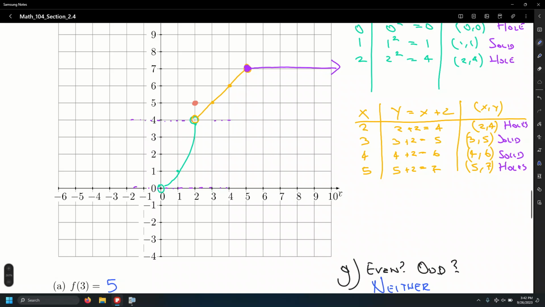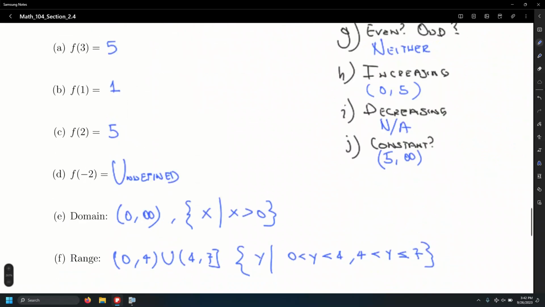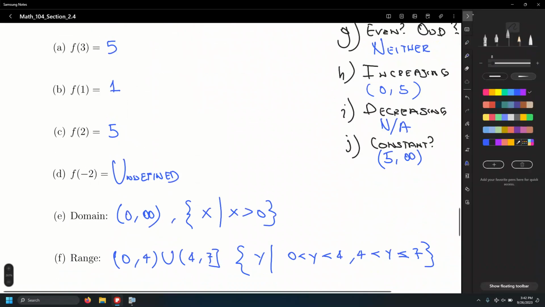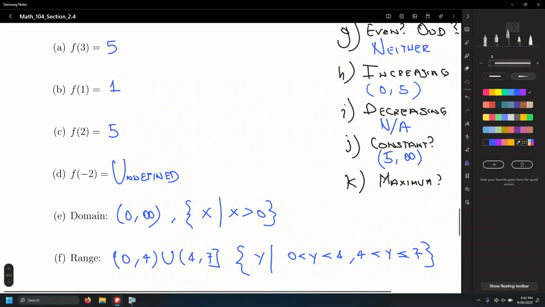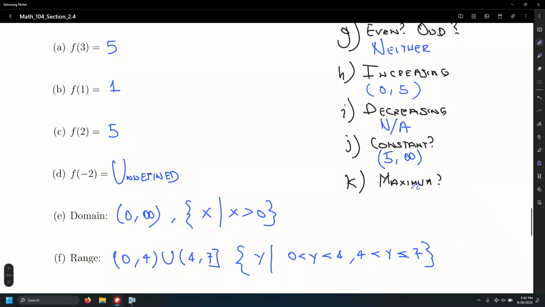So, no minimum. I'm not going to list the minimum because there's no minimum at all. So the maximum is y equals 7 for all x greater than or equal to 5.